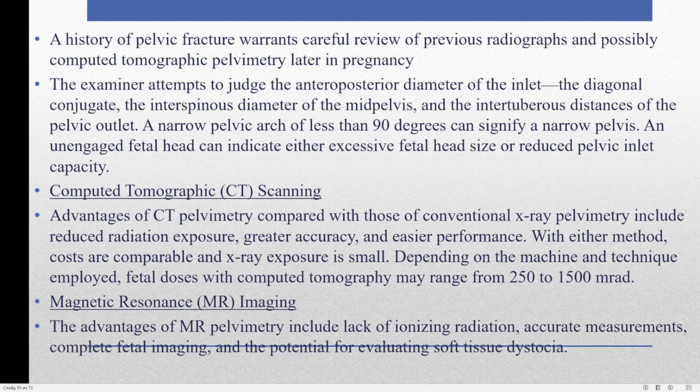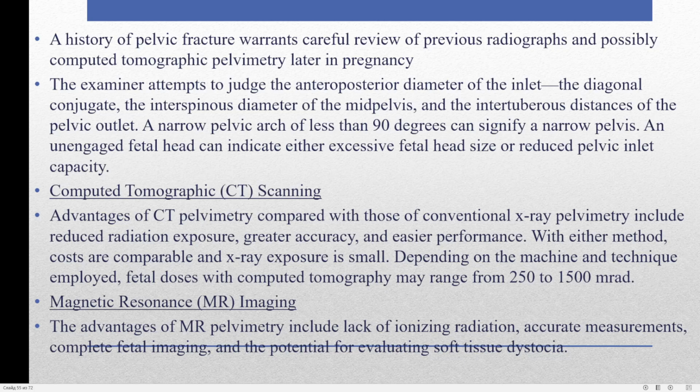A history of pelvic fracture warrants a careful review of previous radiographs and possible computed tomographic pelvimetry later in pregnancy. The examiner attempts to judge the anterior-posterior diameter of the inlet, the diagonal conjugate, the interspinous diameter of the mid-pelvis, and the intertuberous distances of the pelvic outlet.